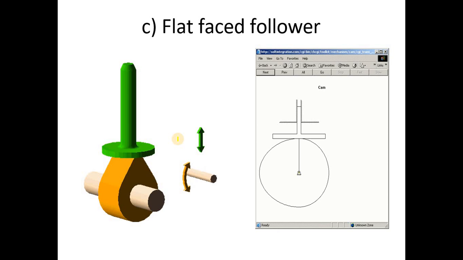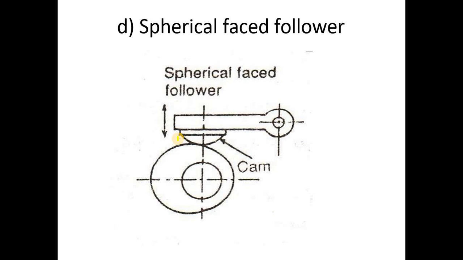So you can see next, this spherical faced follower. Look at this. Whenever we want to convert rotating motion into oscillatory motion, in this particular case you can use a spherical faced follower. You can see over here, this is a cam having a specific shape. So this is a follower.